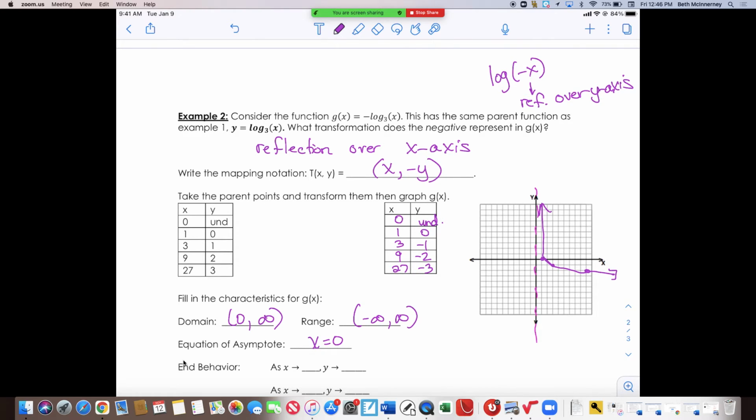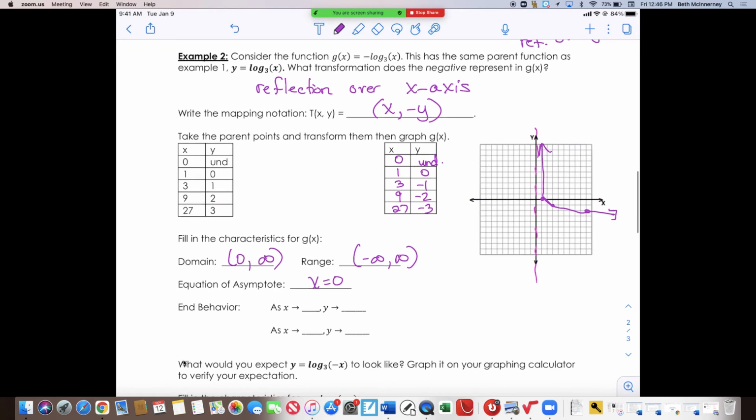Davey, you asked an outstanding question because now we're going to see it right here. When I do my end behavior, as x approaches 0, y is actually going up to positive infinity.